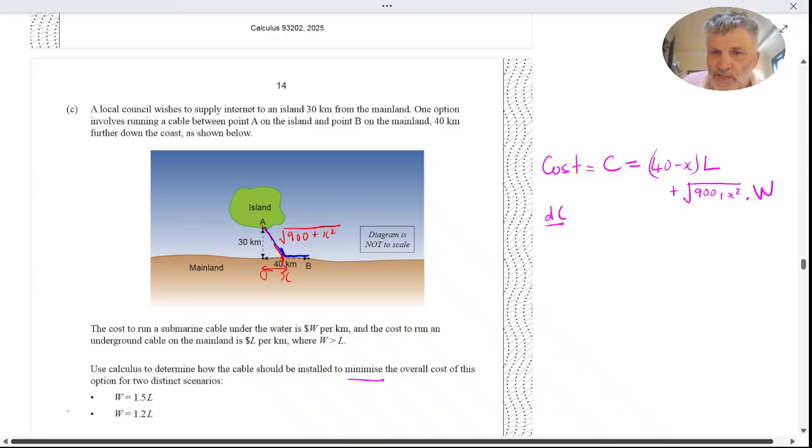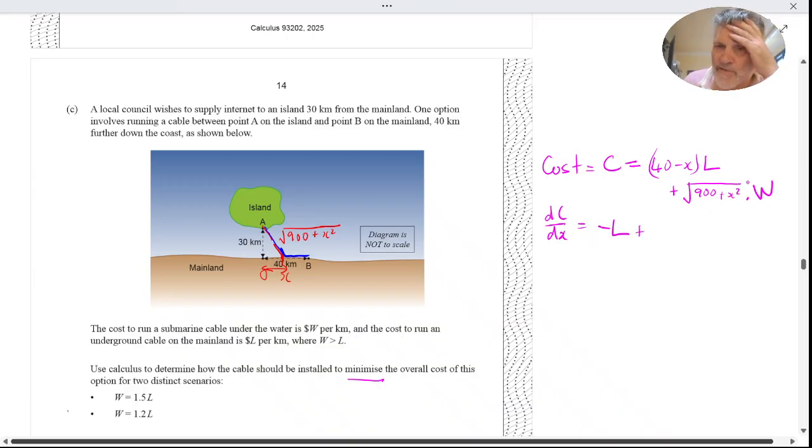So if we go dC by dx and we differentiate this, when we differentiate this bit here, we just get minus L. It's just a 40L as a constant that vanishes, and minus L times x, we get minus L. And when we differentiate this bit, it's a chain rule.